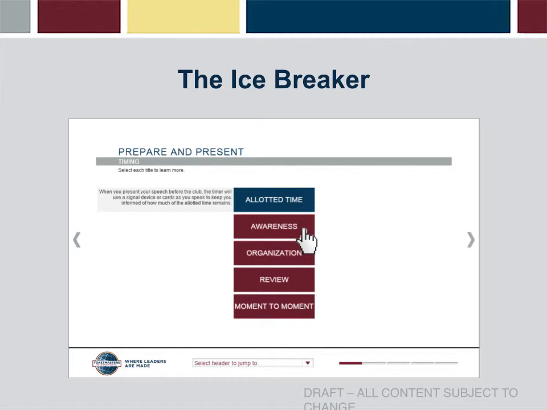Here you'll learn about the use of signal devices or timing cards. Then you can click on the awareness button to learn about the piece when speaking. Once you've viewed all the information, click on the arrow to move forward.